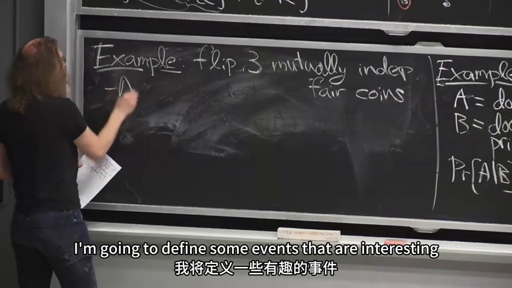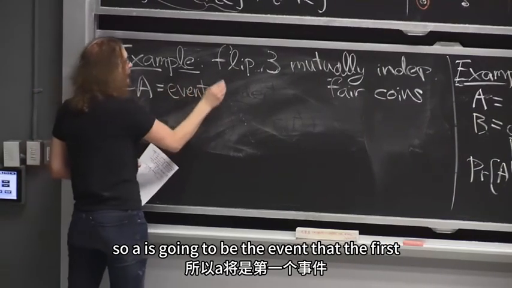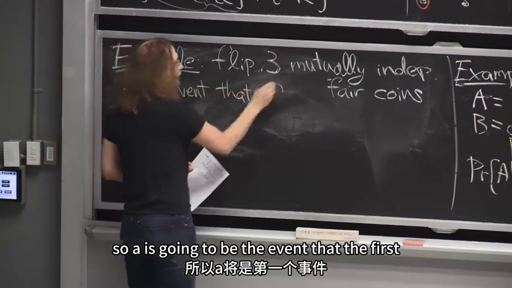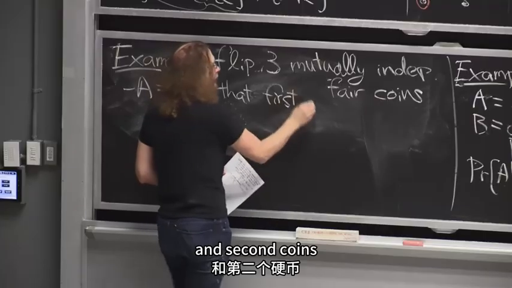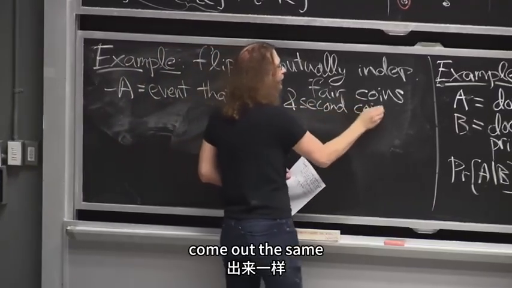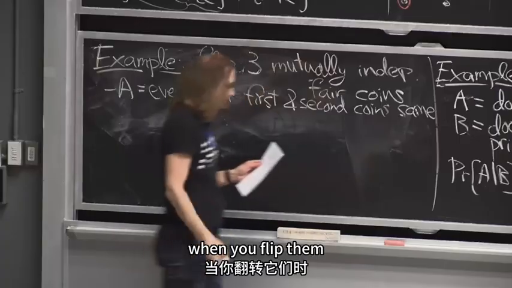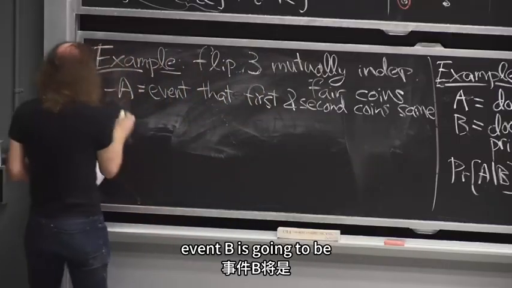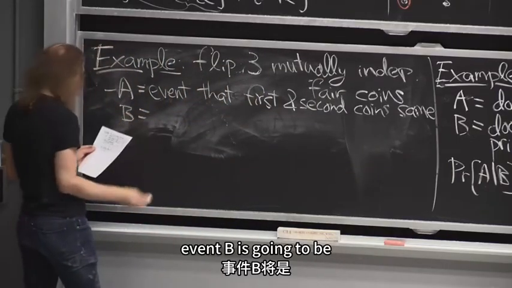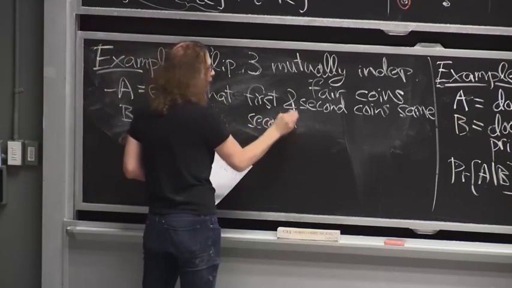But now I'm going to define some events that are interesting. A is going to be the event that the first and second coins come out the same when you flip them. Event B is going to be the event that the second and third coins come out the same.